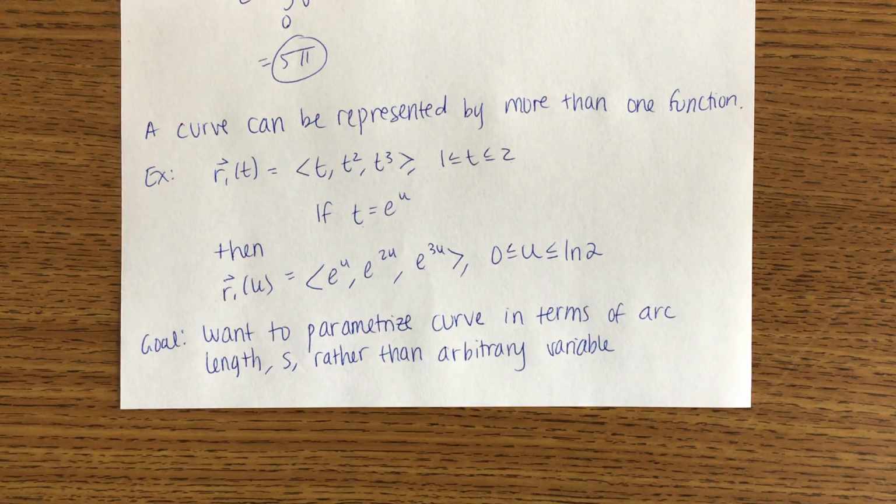Okay, so oftentimes t is arbitrary. It doesn't really have any meaning to us. S, though, does. S is arc length. So what we're going to do is write our curve in terms of S rather than t. Now, that doesn't mean that you can just replace t by S. That's not how it works. So we'll talk about how to do it and then look at an example and look at why we might be interested in that.